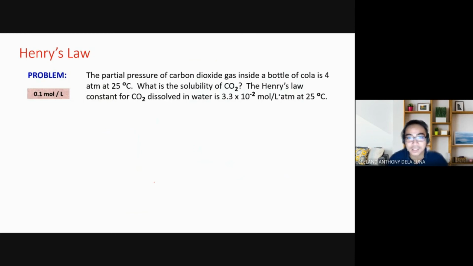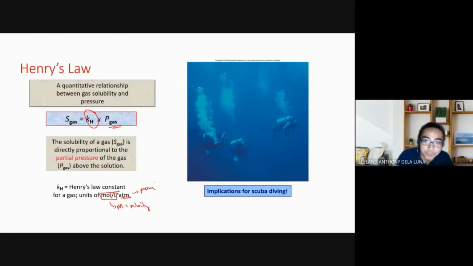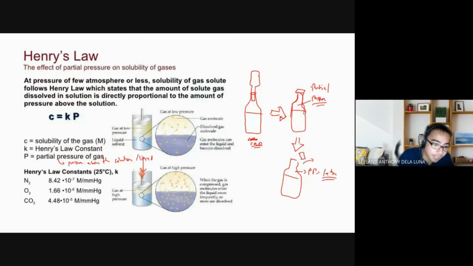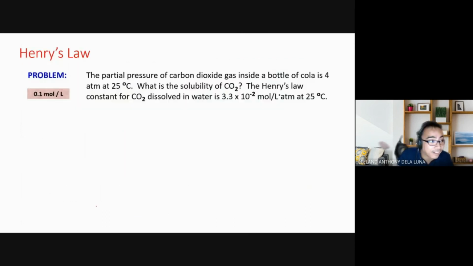The Henry's constant for carbon dioxide dissolved in water is 3.3 times 10 to the negative 2 mole per liter atmosphere at 25 degrees Celsius. Notice that the value I gave you earlier, 4.48 times 10 to the negative 5, is molar per mmHg, while this one is molar per atmosphere. So expect this number to be larger.